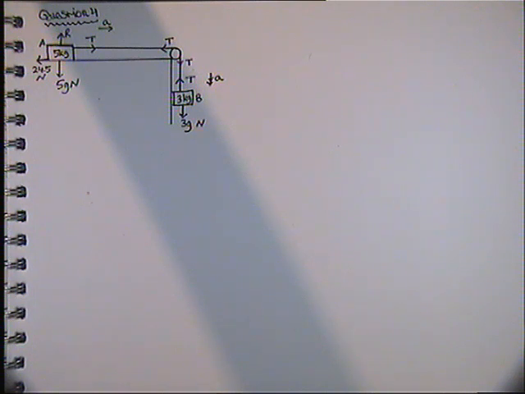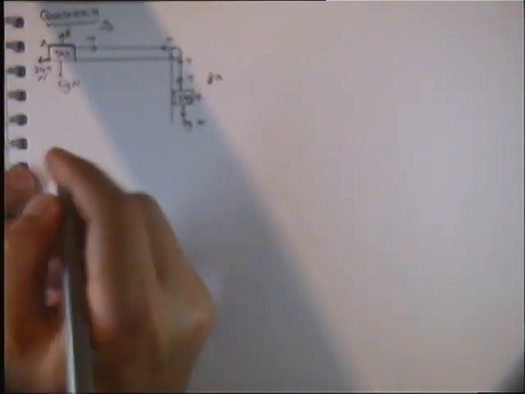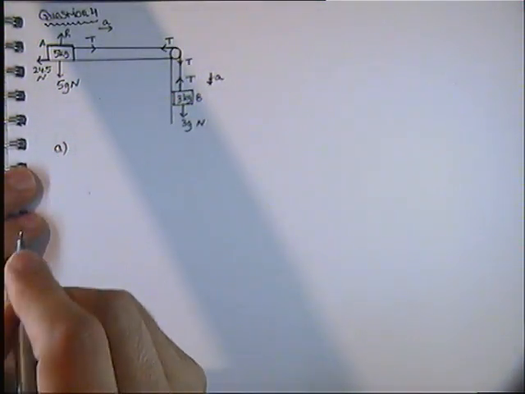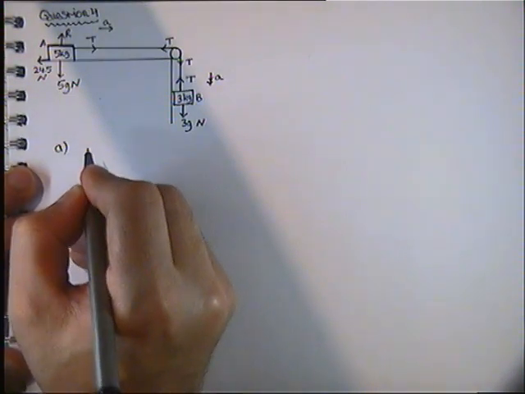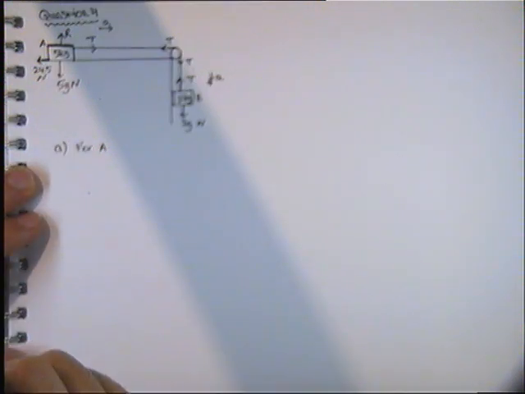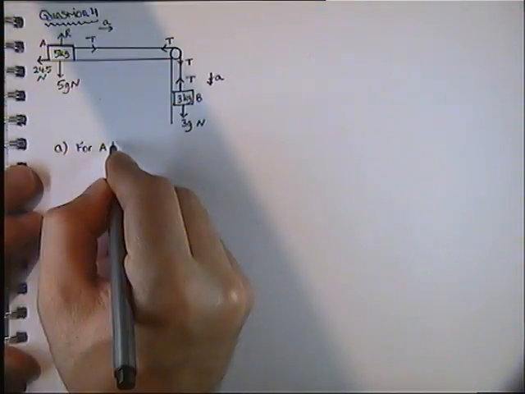For part A, to find the acceleration, we need to apply Newton's second law for both particles A and B. For particle A, the forces are all horizontal.